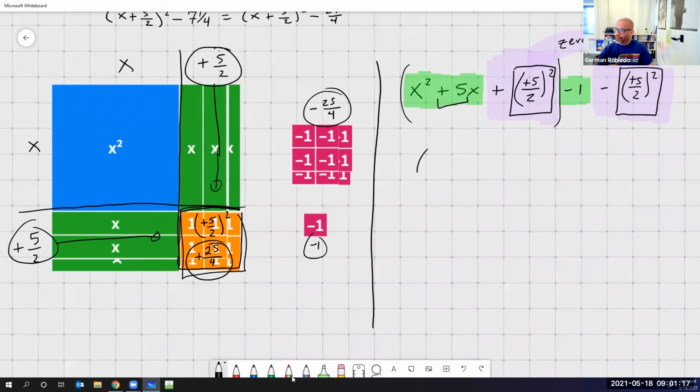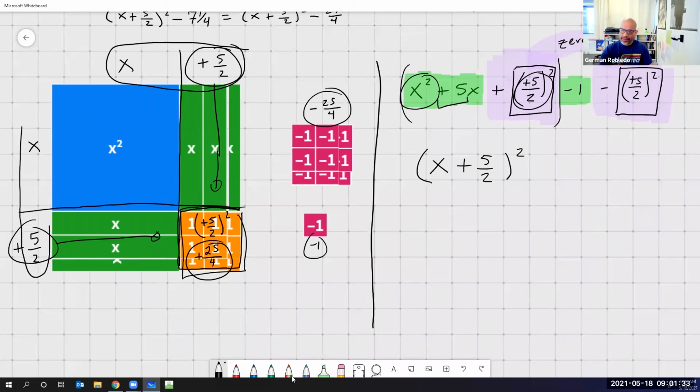What we said was, in order to create our square, we take the terms that are being squared and we place them in these parentheses. And that makes sense because that's exactly what I have here and here. Then I have the leftovers. So this is our square, and these here are the leftovers.